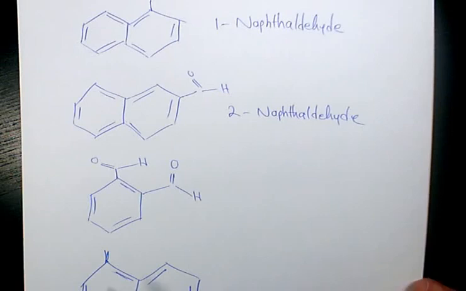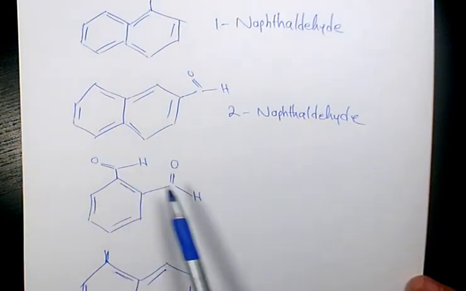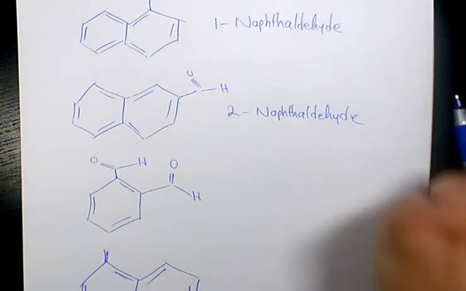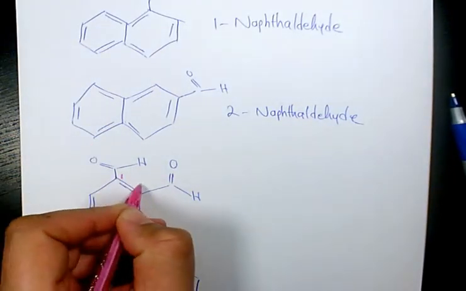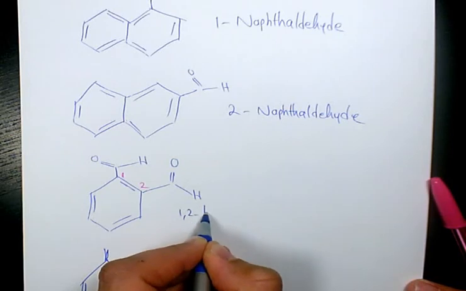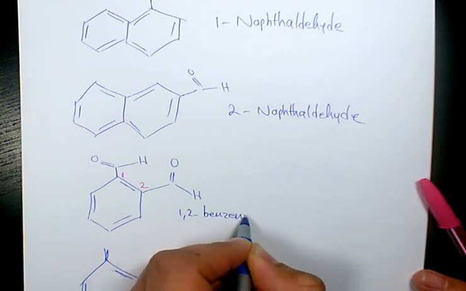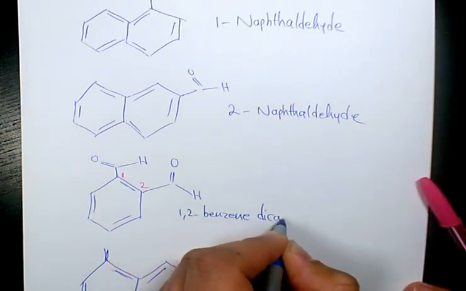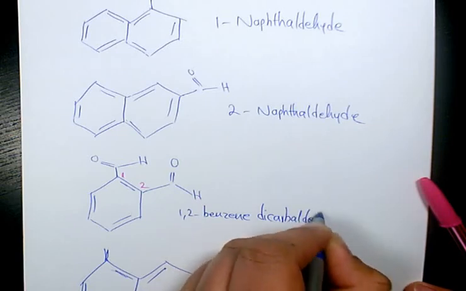What about here? Here we have a benzene group and we have two aldehydes on it, 1 and 2. So it's going to be number 1 and number 2. I'm going to call it 1,2-benzene dicarbaldehyde.